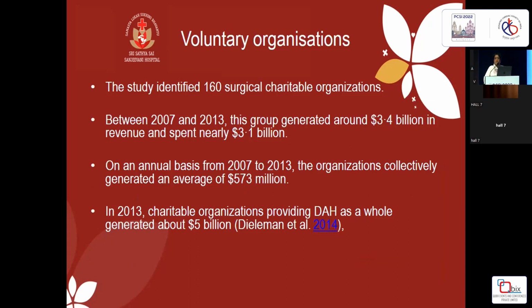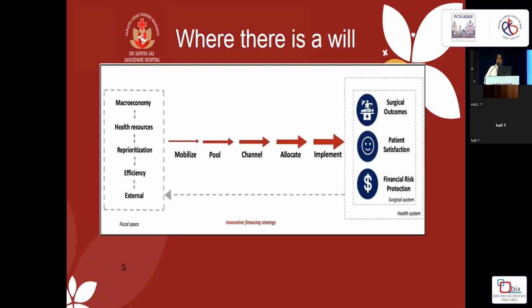Voluntary organizations need not be forgotten because they contribute to economies in trillions. There is a study on 160 voluntary organizations which provide surgical care, and in 7 years the amount of spending they did on voluntary operations was to the tune of 3.1 billion. So the contribution of voluntary organizations should not be forgotten.